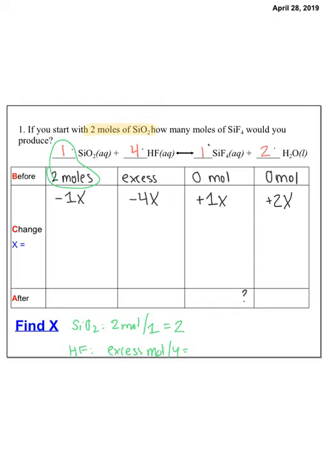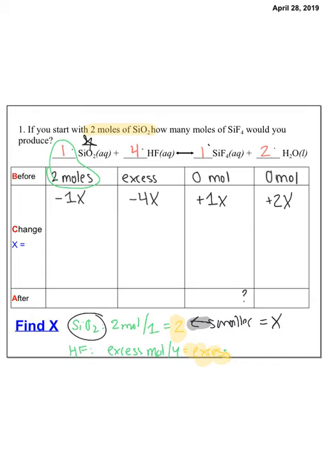Well, a lot divided by 4 is still a lot, so we still have excess. But what we're going to end up doing to find our superstar is we're going to compare those two answers. And the smaller one is going to be our x, which means this chemical is our limiting or our superstar.